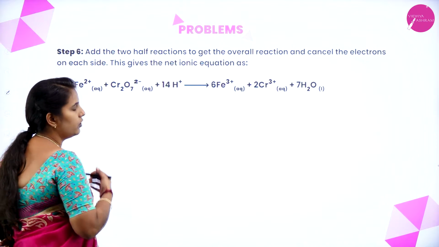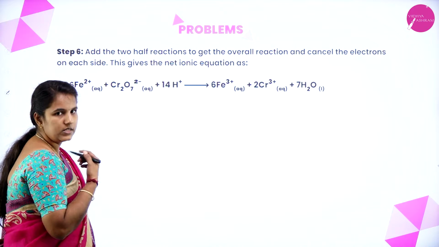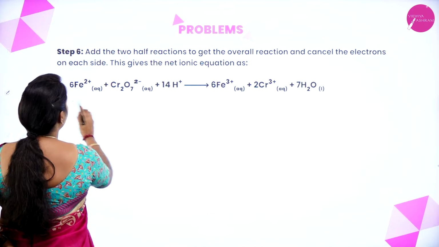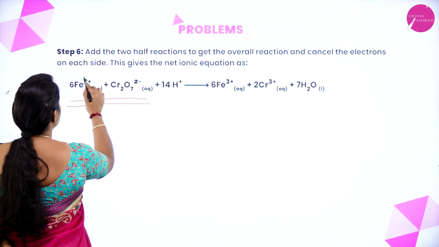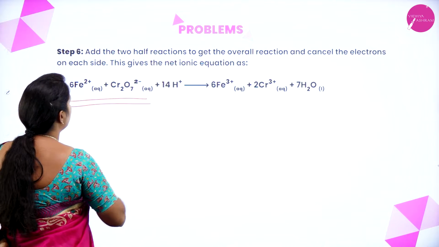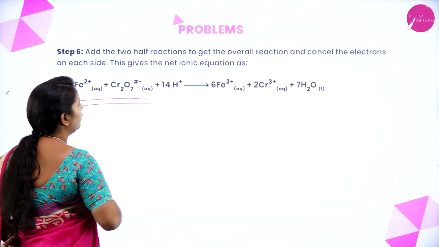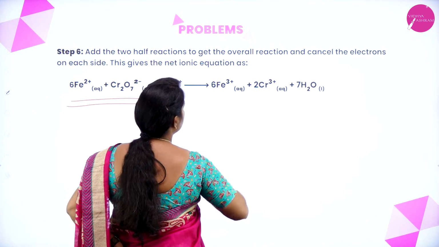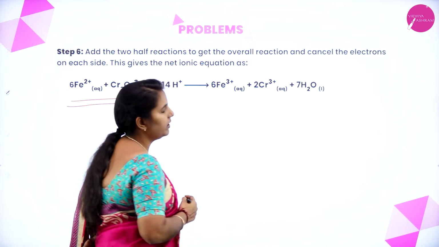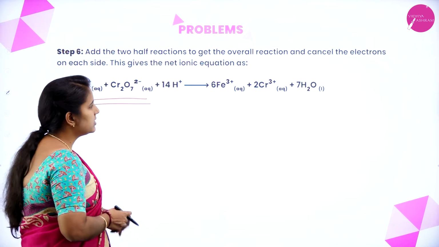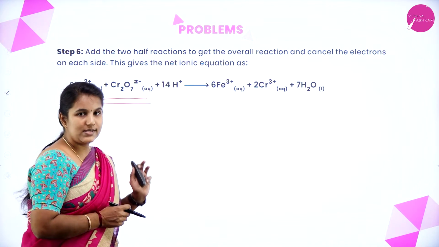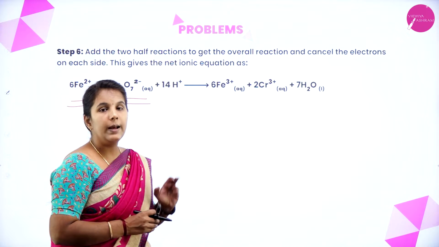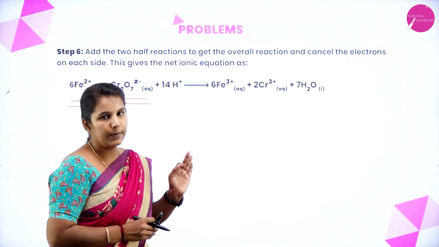So finally, if you cancel the electrons present on both sides as I showed you, you will get the final equation: 6Fe2+ plus Cr2O7 2- plus 14H+ gives 6Fe3+ plus 2 Cr3+ and 7 water molecules. This is how, if it is given in acidic medium, we balance the equation by the ion electron method.